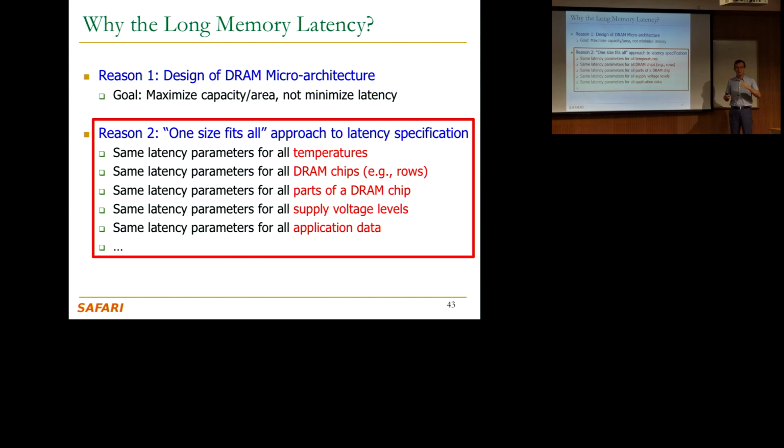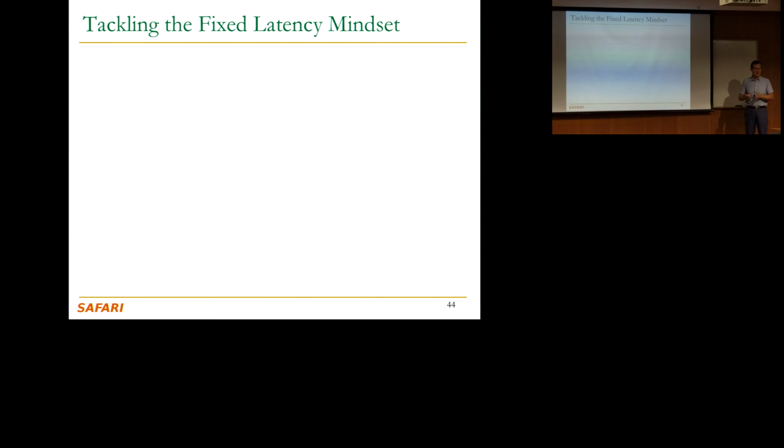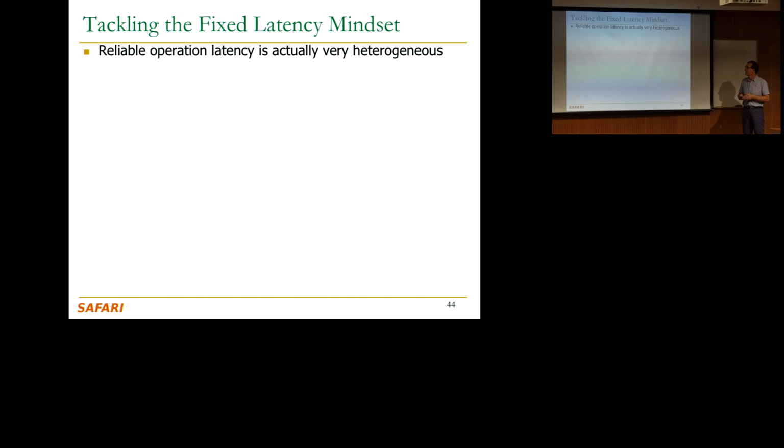Basically, we're using a single set of latency or timing parameters that doesn't change even if the temperature changes, that doesn't change based on the chip, that doesn't change based on the row or parts of a DRAM chip, that doesn't change based on supply voltage levels or application data. I call this the fixed latency mindset. It's really there because we're specifying things that way, but that's not the case in real life.